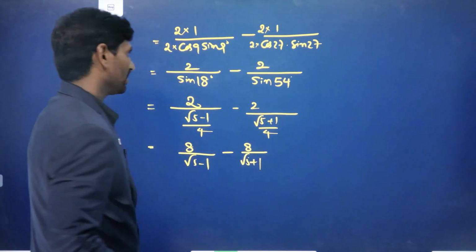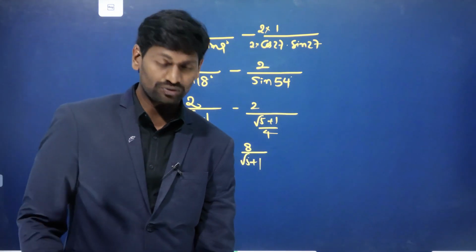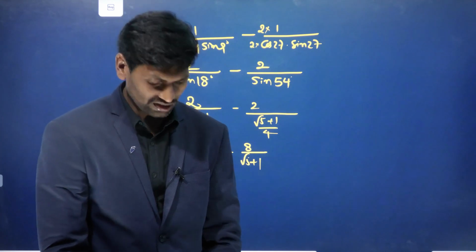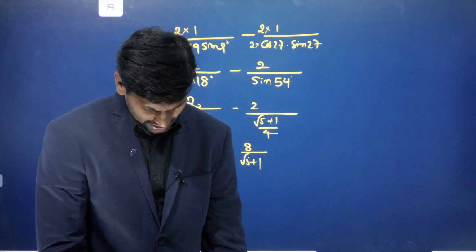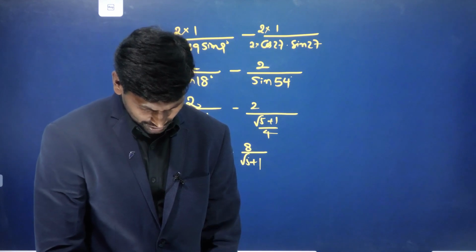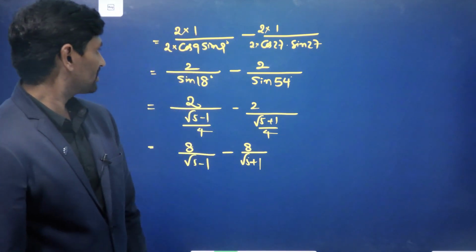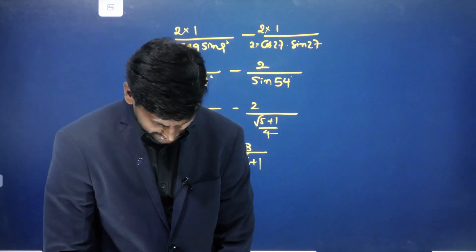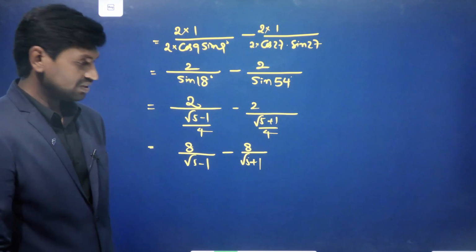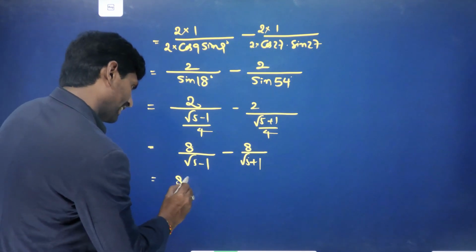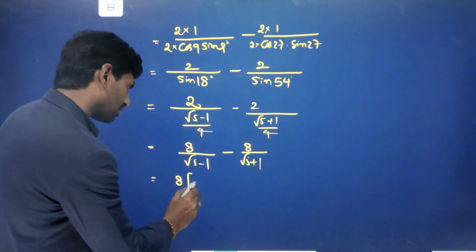Okay? Let us confirm the value of sin 18 degrees. I think in the previous class we discussed how we found that sin 18 degrees value. Sin 18 degrees is root 5 minus 1 by 4, and sin 54 degrees is root 5 plus 1 by 4. Correct. Take 8 as a common term and apply cross multiplication.